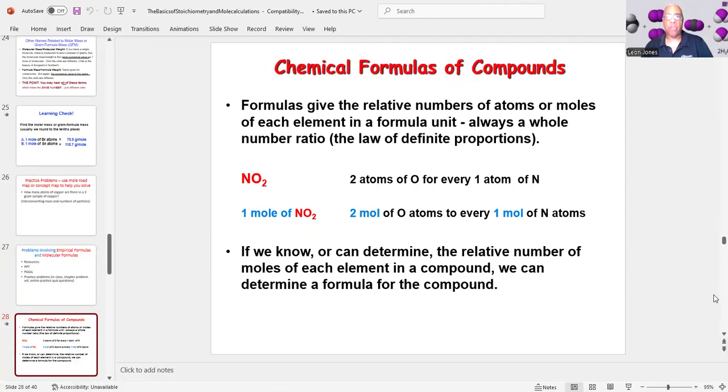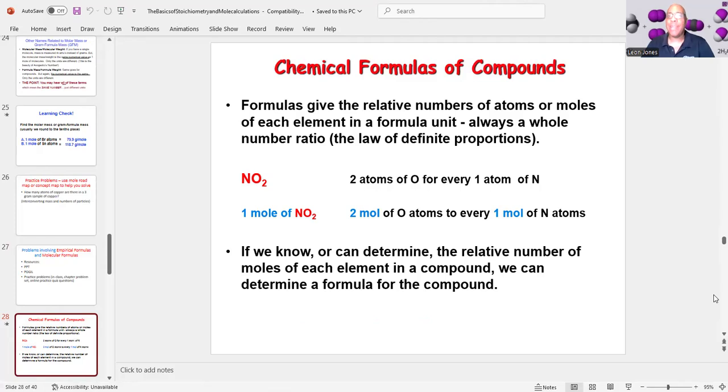So basically, formulas give the relative numbers of atoms or moles of each element in a formula unit. Always a whole number ratio, the law of definite proportions. So NO2 means it's 2 atoms of oxygen for every 1 atom of nitrogen. NO2, what is that?